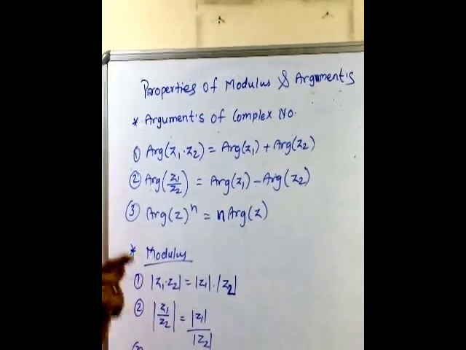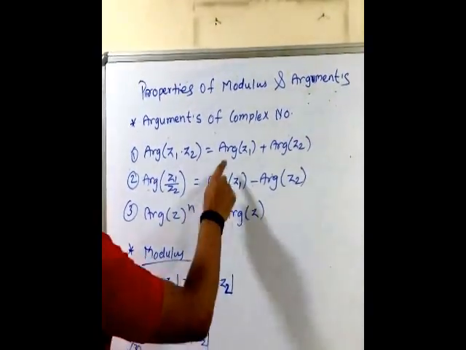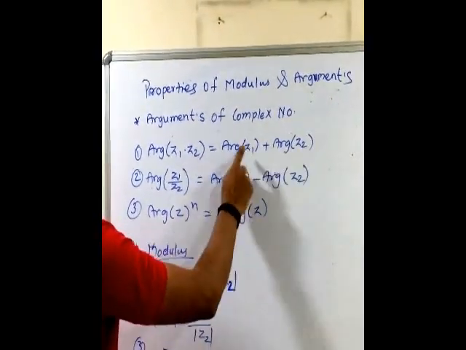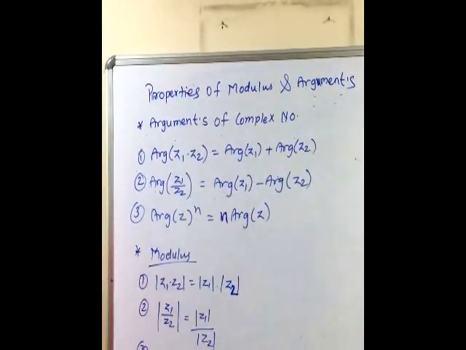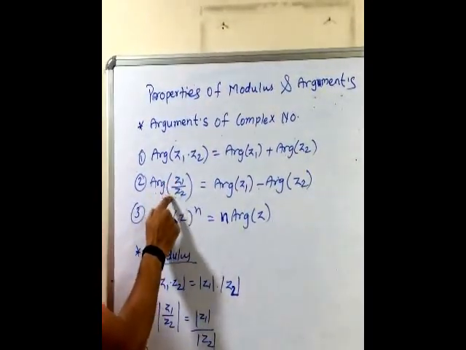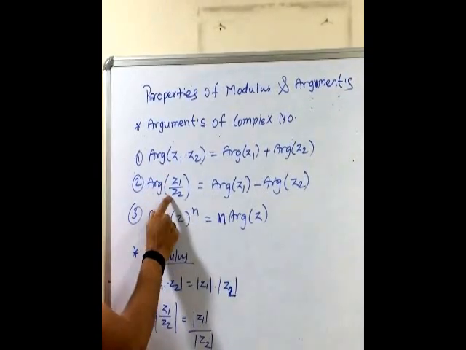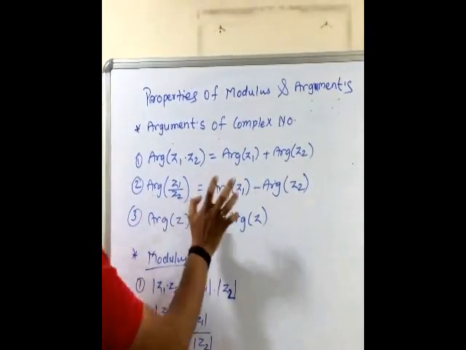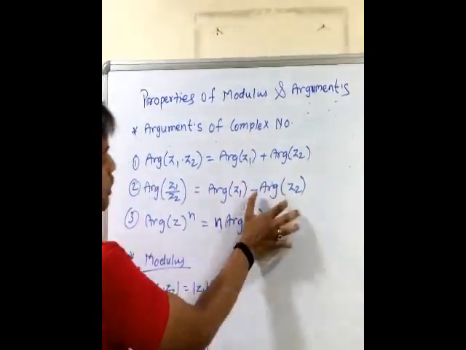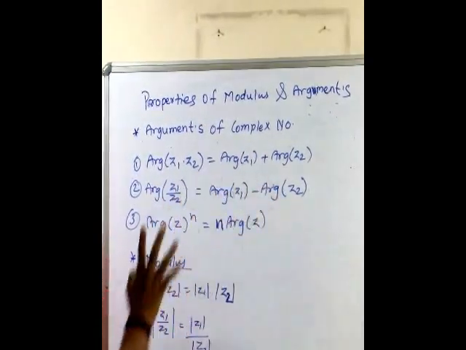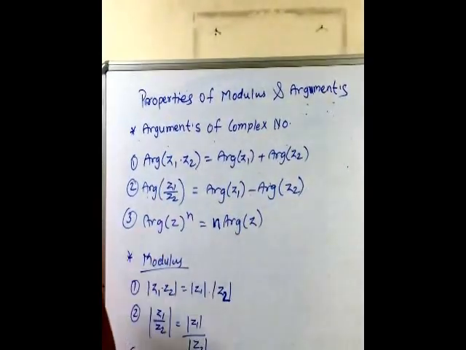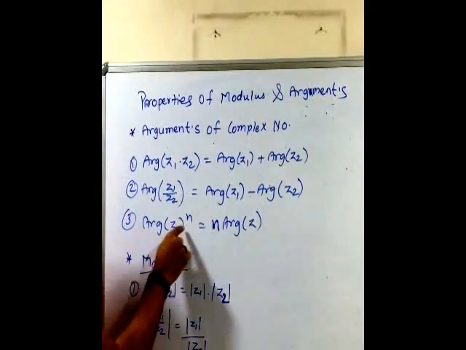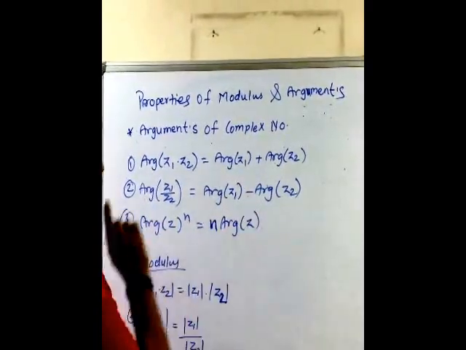So the argument of z1 into z2 is the argument of z1 plus the argument of z2, that is theta 1 plus theta 2, right? Suppose we want to divide two complex numbers, z1 divided by z2, so the argument will be the argument of z1 minus the argument of z2, that is theta 1 minus theta 2. Suppose we have the argument of z raised to n, so it will be n into the argument of z.